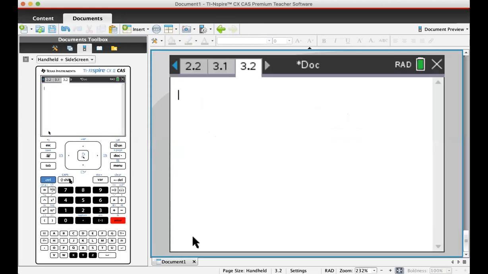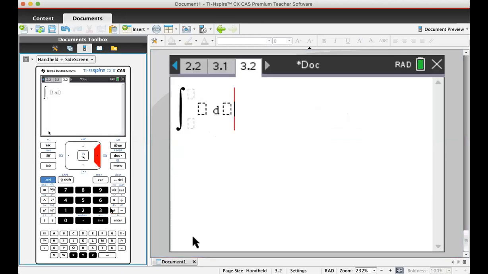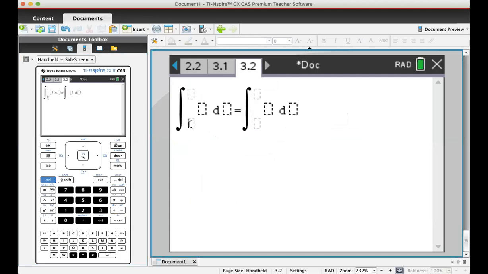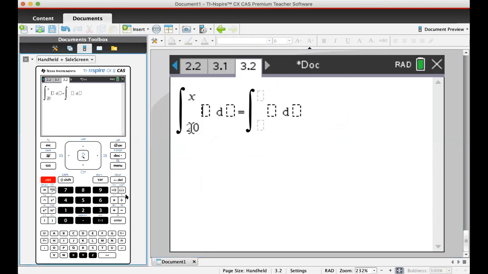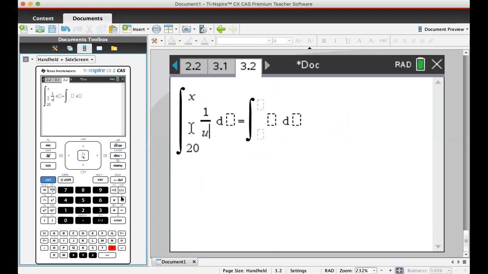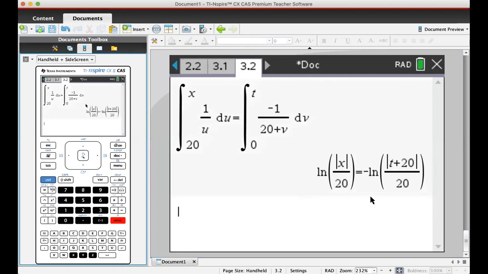Control I, add a calculator, Shift plus equals Shift plus 20 to x, 1 over u, t, 0, fraction, minus 1 over 20 plus v dv. There we go. This is my derived relation, okay?